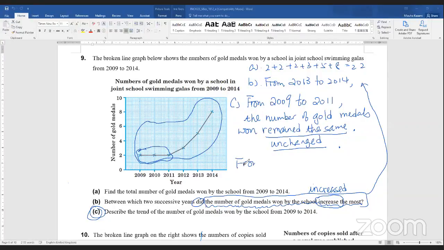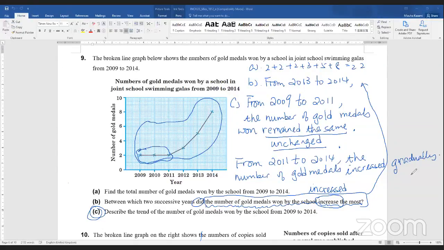And then from 2011 to 2014. Now, you can refer to example 8.